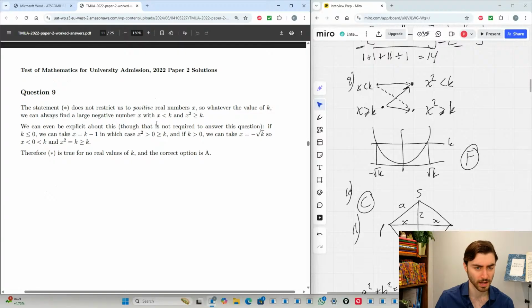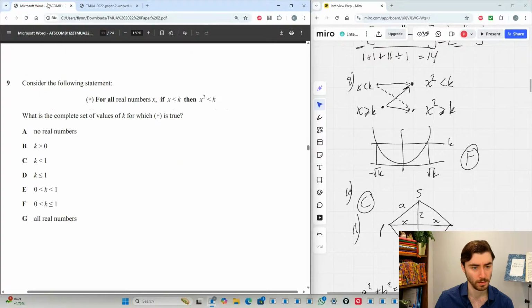Positive real numbers x. That is certainly true. Oh my god, it had to be for all real numbers x. So it's never true. Oh, that was silly. Because I wasn't thinking about moving x and moving k independently. Okay.